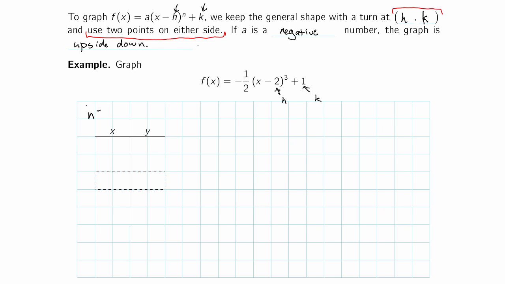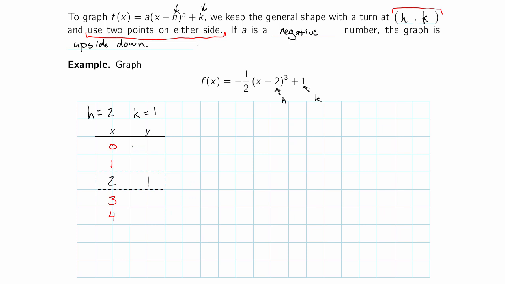So h is 2, k is 1. 2, 1 is going to be like my middle point. And then just to see what happens, I'm going to take 1 and 0, which are the numbers less than 2, 3 and 4, which are the numbers more than 2. And then I'm going to find the value of my y. Now to find my y values, I'm just going to plug those into my function.